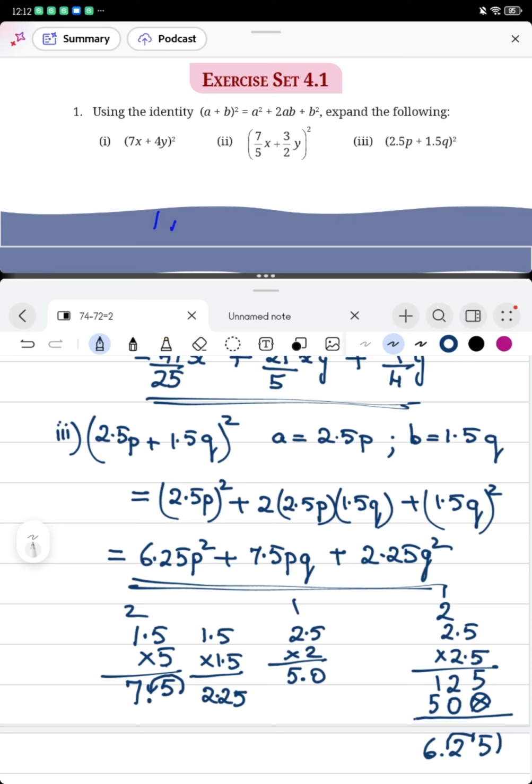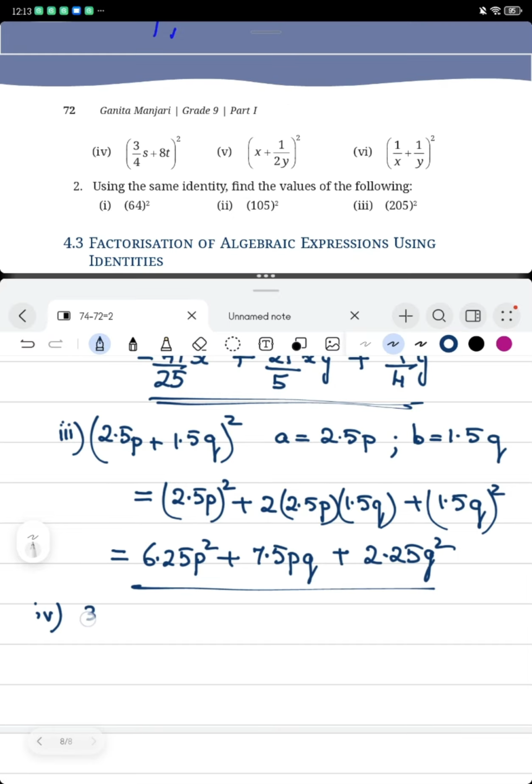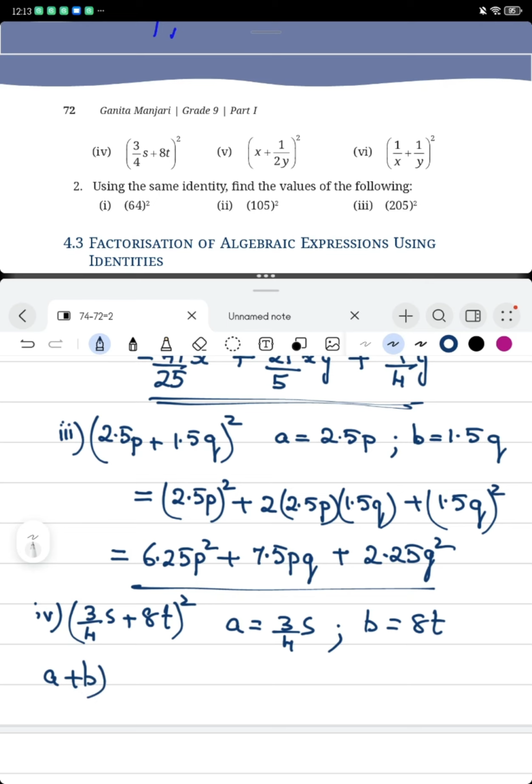Okay. So now let us move to the fourth question. All right. What is the fourth subdivision? 3 by 4s plus 8t whole square. So our A is 3 by 4s and B is 8t. Now a plus b whole square is a square plus 2ab plus b square.